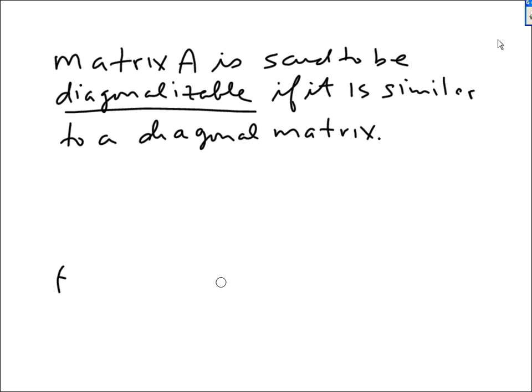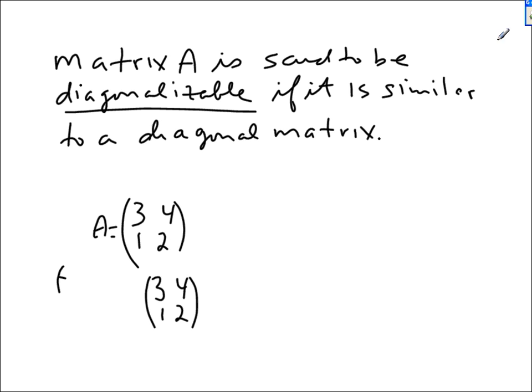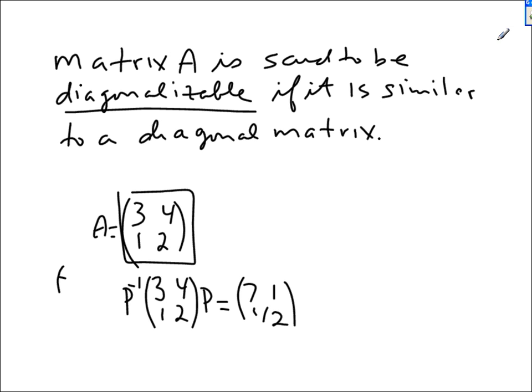Now, I want to say one last thing, because what I said was a little bit sloppy. You have some matrix A, and you take A and you multiply it by some P and by some P inverse, and you get 7, 1, 4, 2. That does not say A is not diagonalizable. Why? Because maybe if I pick different P's and P inverses, it would work.